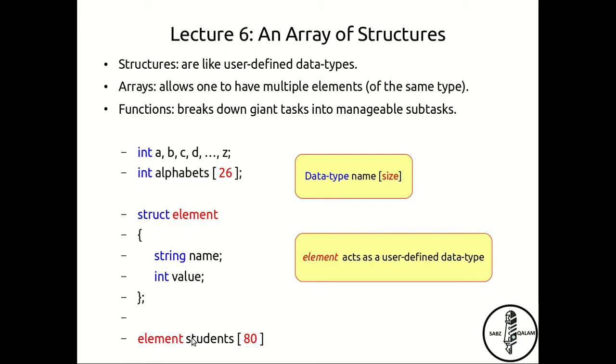In this case it's students, right? Every student has a name and some marks, which is going to be allocated to the value, and 80, right? So now students is an array of structures, right? And the size is 80. That could be the size of, let's say, a particular session attending this class.